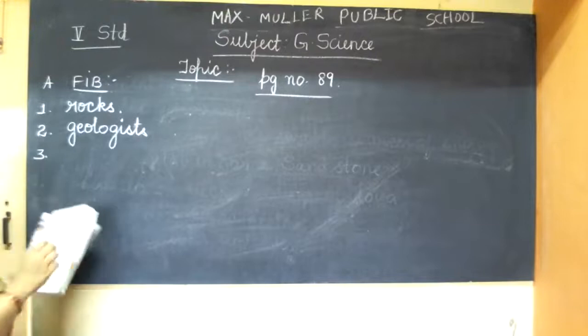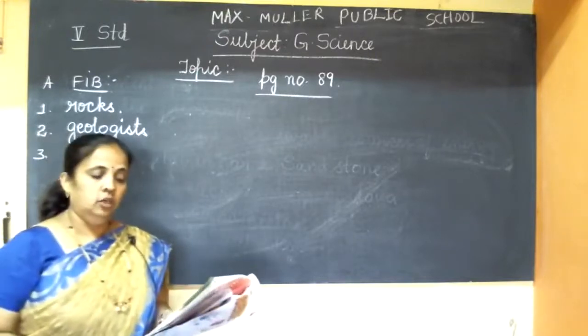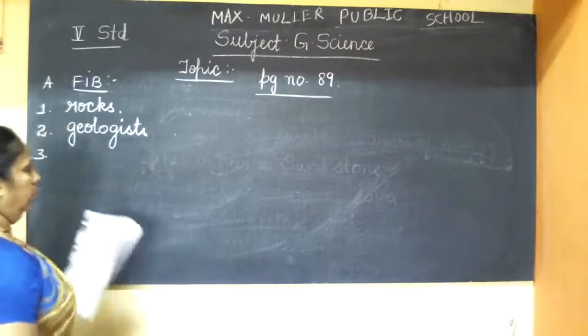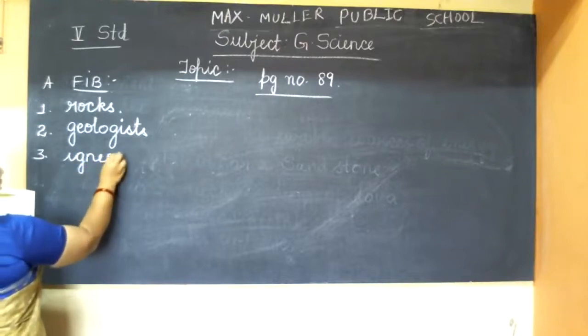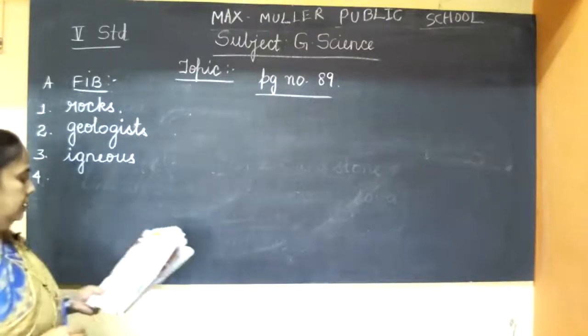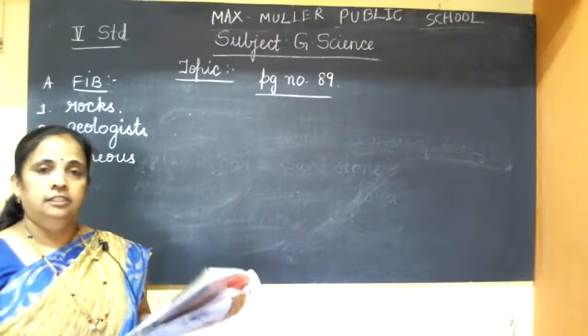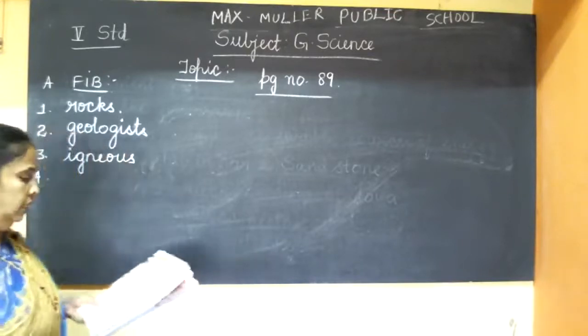Geologists. Next, some of the lava cools and hardens below the earth's crust and forms dash rocks. By cooling and hardening, what kind of rocks are formed? Igneous rocks. Next, sandstone consists mostly of a mineral called dash, which lends its pink or reddish color.